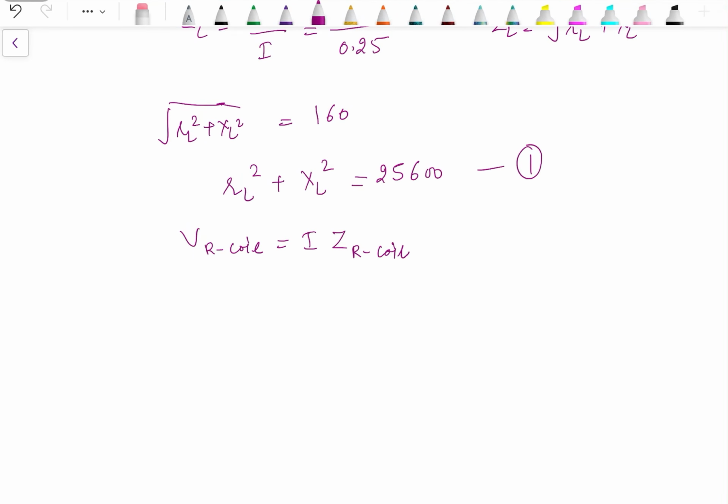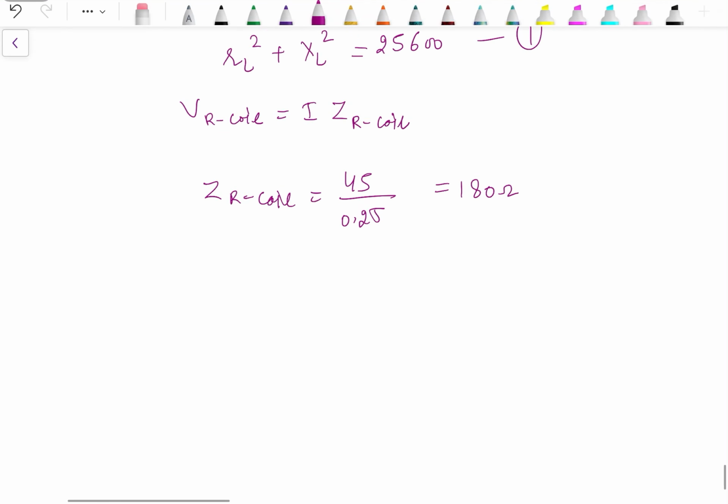So impedance of the series combination of resistance and coil is 45 by 0.25, which is actually 180. So root of (RL plus R) square plus XL square is equal to 180.